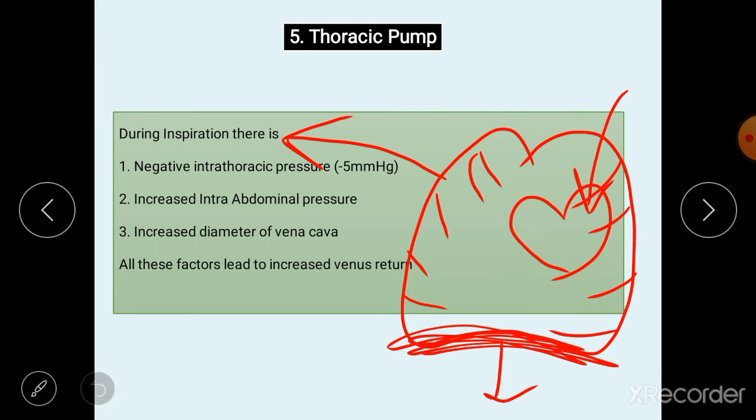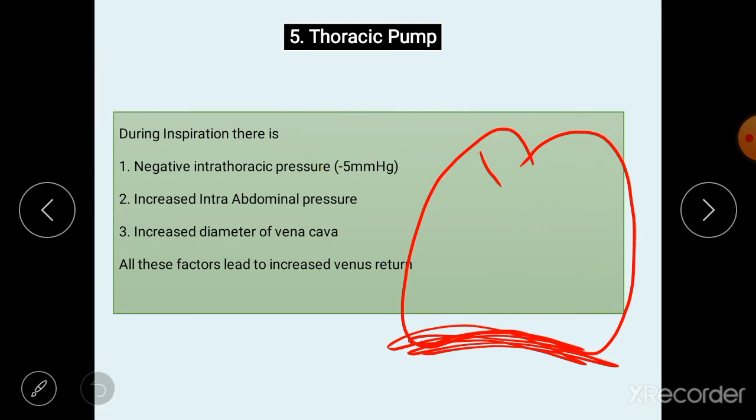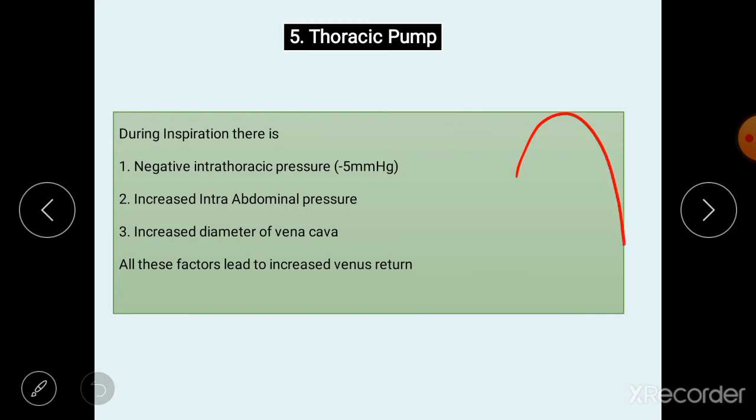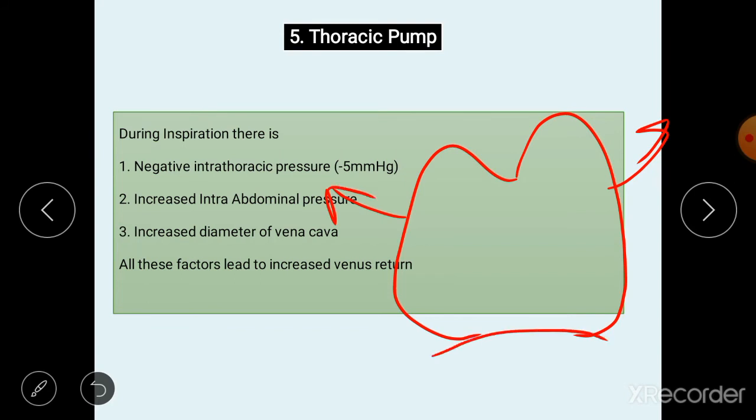So every time you take a deep breath and you inspire, your ribs move outward, your diaphragm moves downward, and your thoracic cavity expands as a closed chamber, which produces a vacuum within your thoracic cavity, and this produces a suction effect.